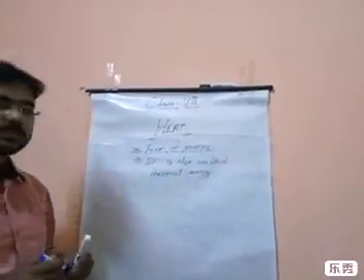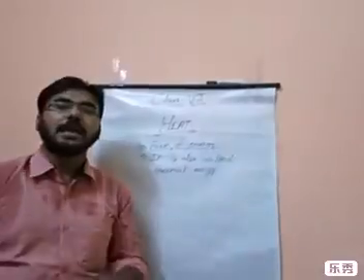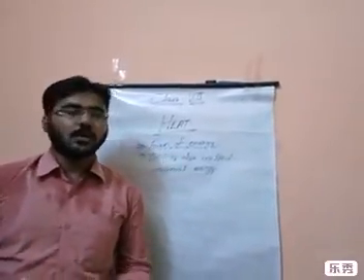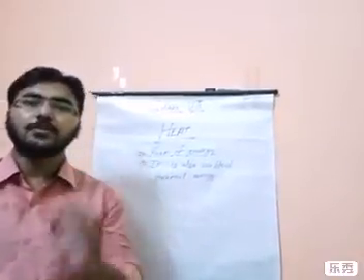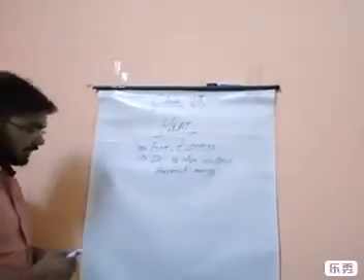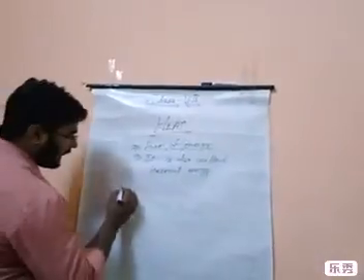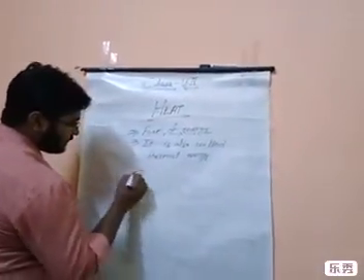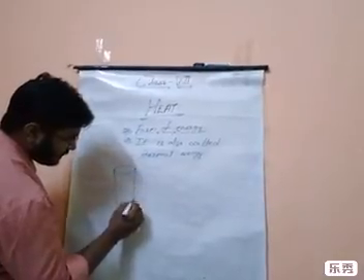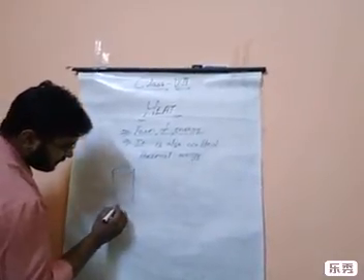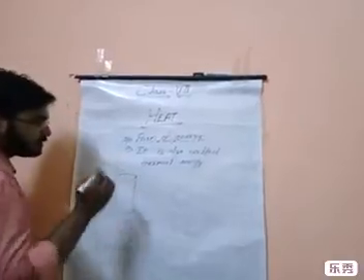Now after that we have to discuss the characteristics of heat. But before that we have to take an example. Suppose we are taking an example of a glass. Okay, this is a glass.